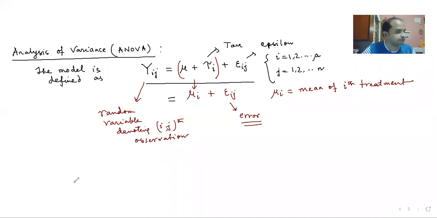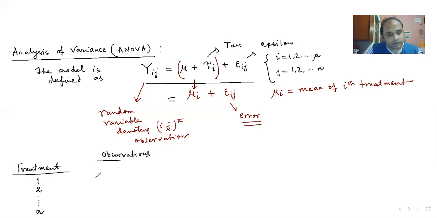Anyways, let's start about the experiment. Suppose we have a number of treatments, and we have observations which are denoted by y11, y12, y1n, y21, y22, y2n, ya1, ya2, yan.